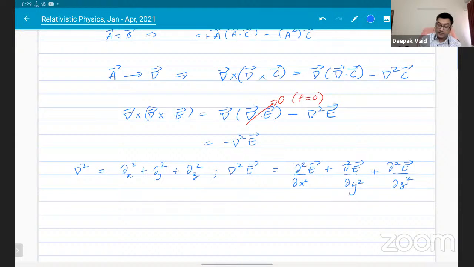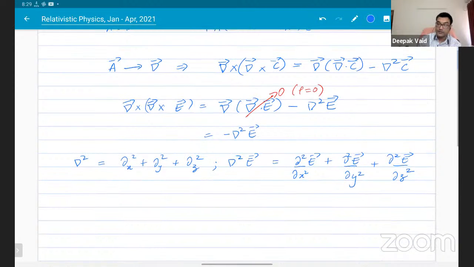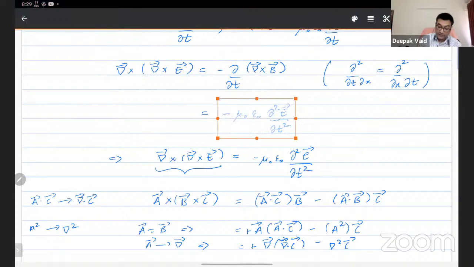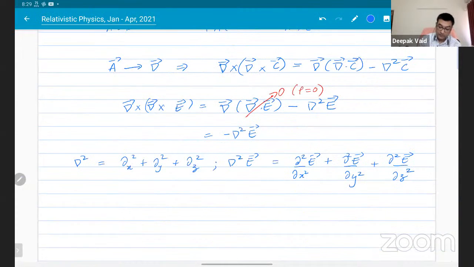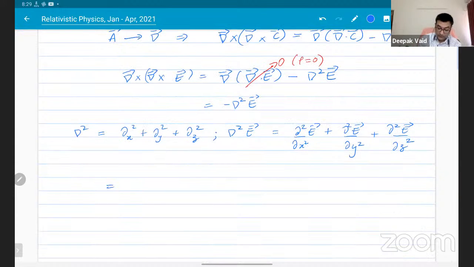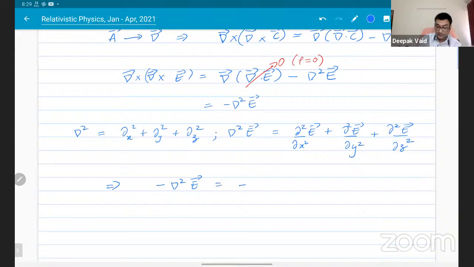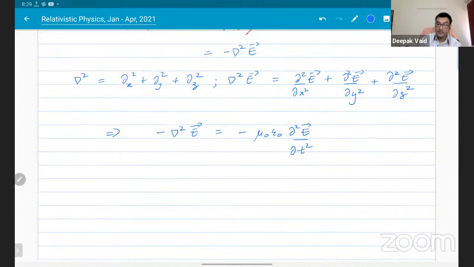So you get d square Ex by dx square, d square Ex by dy square, and so on, right? So this is the left hand side of our equation. And the right hand side of our equation becomes this minus mu naught epsilon naught. So we are left with minus del square E, this expression is equal to minus mu naught epsilon naught d square E by dt square, right?